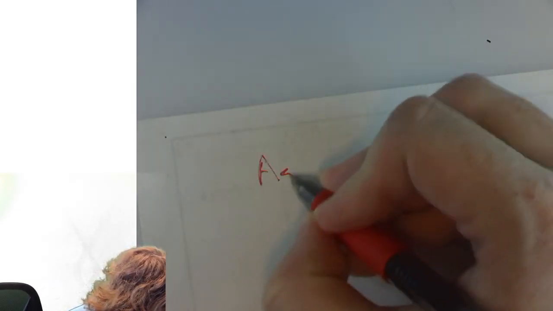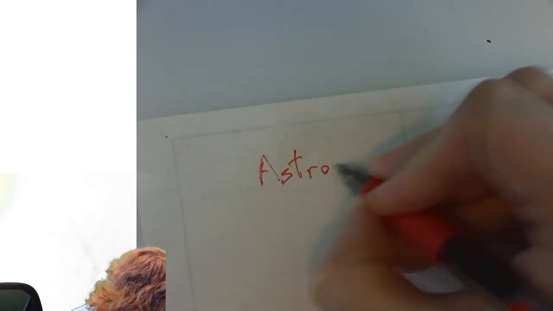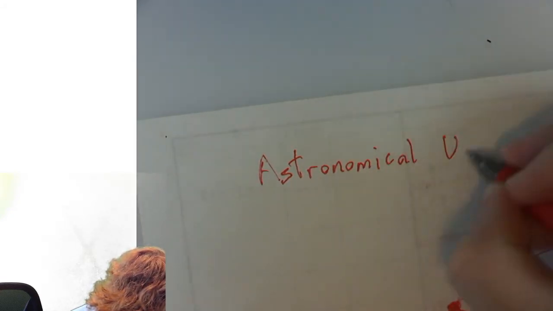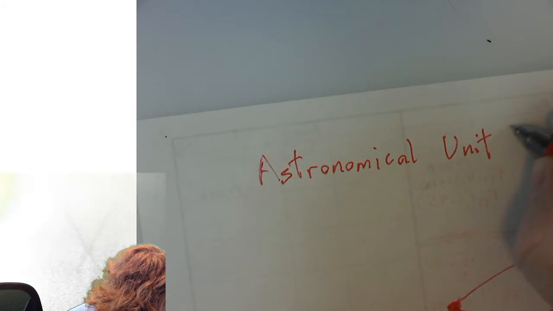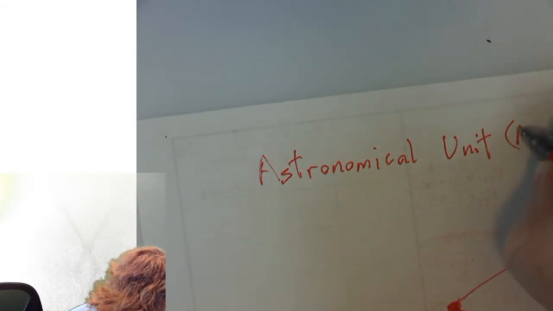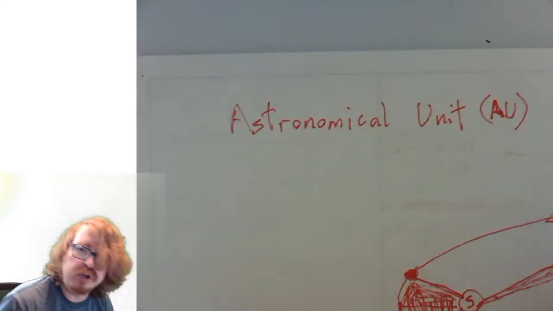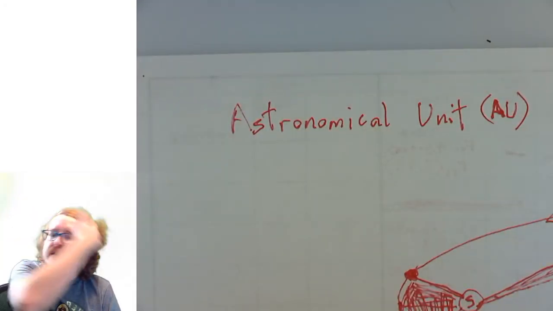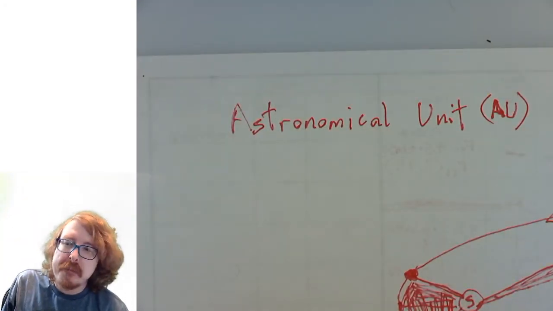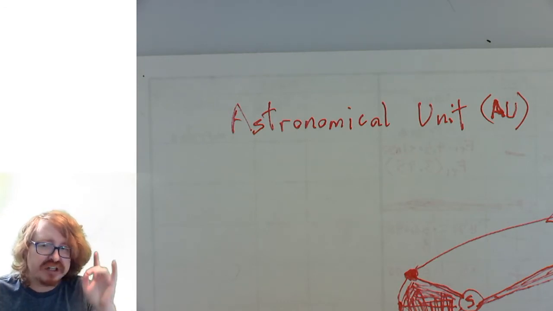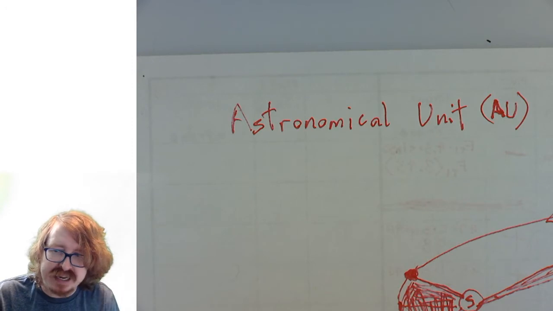Let me write that down up here. Astronomical unit, which is usually abbreviated as AU. Capital A, capital U. This is a much bigger unit than a mile that we use for talking about distances between the planets.